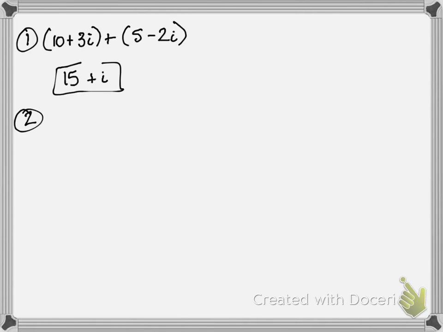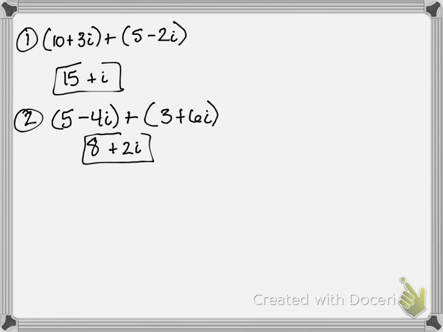All right, on number 2, you had 5 minus 4i, plus 3 plus 6i. All right, so my like terms, 5 plus 3 is 8. Negative 4 plus 6 is positive 2i. That's the answer. Okay.